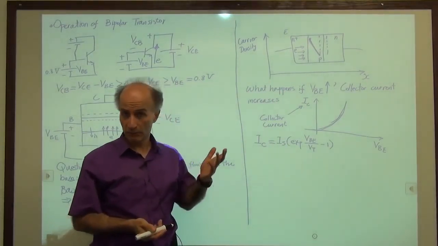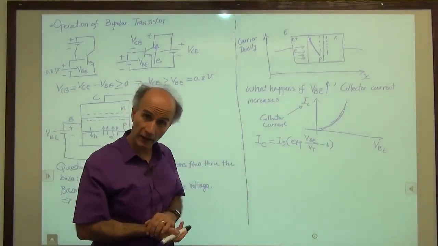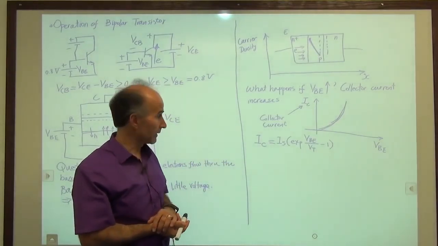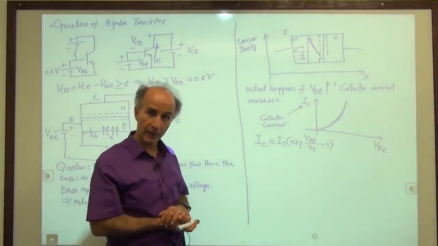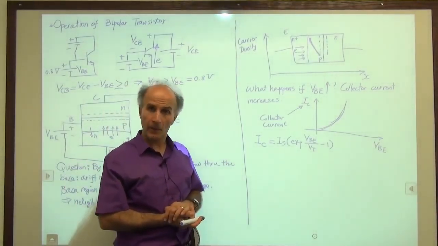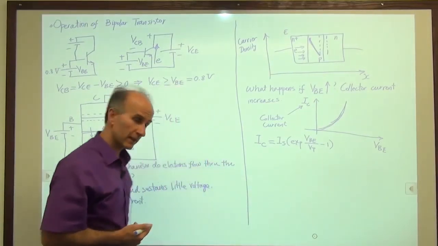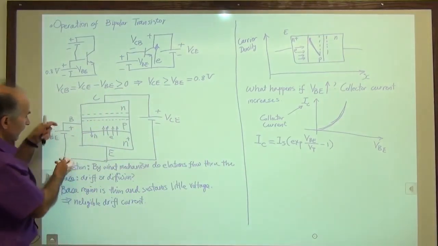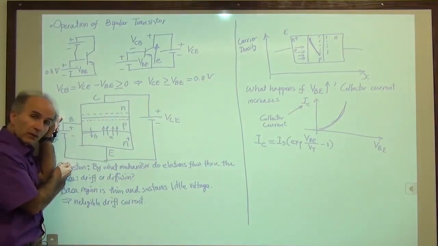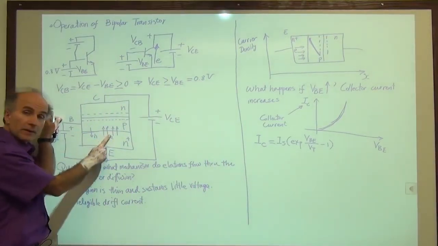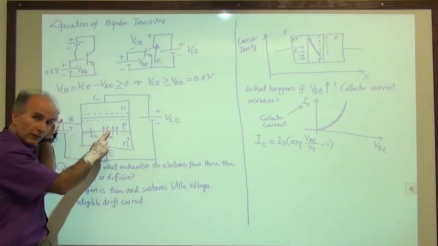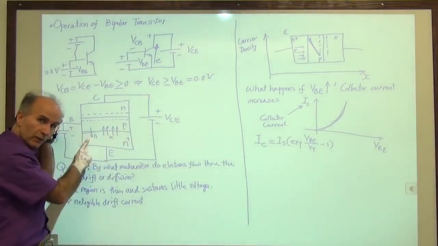This is, of course, similar to that of a diode. And is it really surprising that we have the same thing? Probably not. Intuitively, we would have expected this, because when we said that we increase the base emitter voltage and this current increases, this current is the current of a diode, the current of a p-n junction.